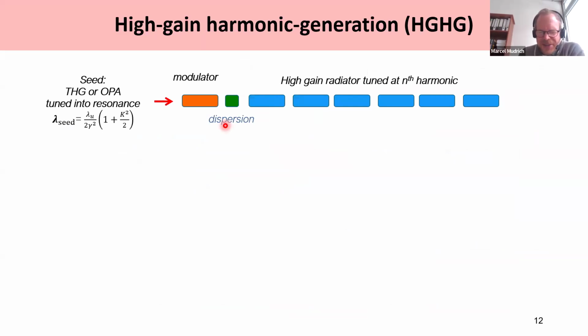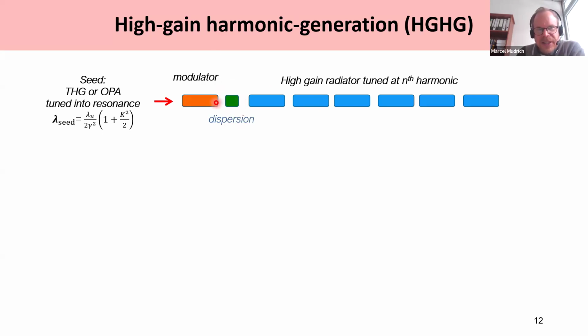Of course, it's very hard to produce an intense XUV, extreme ultraviolet laser pulse in the first place, but there is a trick, and this trick is called high gain high harmonic generation. And the trick is that, again, we use two successive undulators with a magnetic chicane that acts as a dispersive section in between.